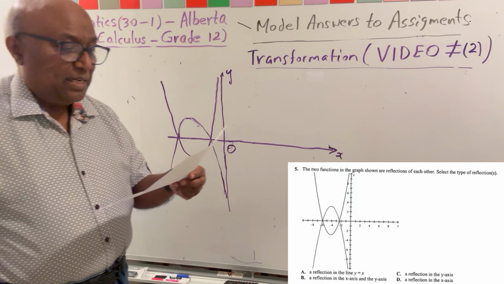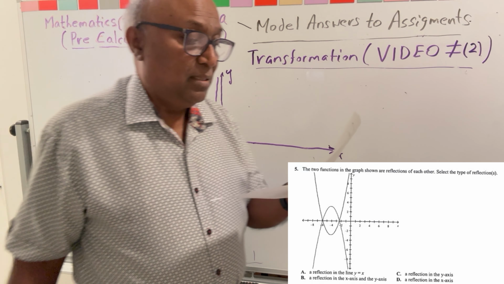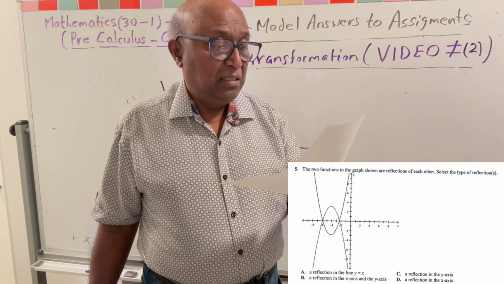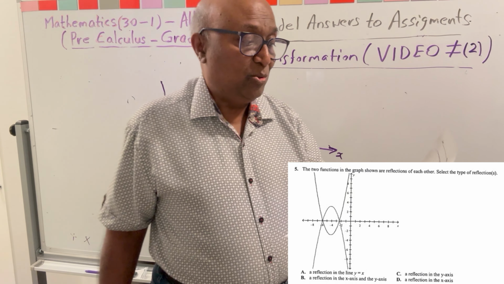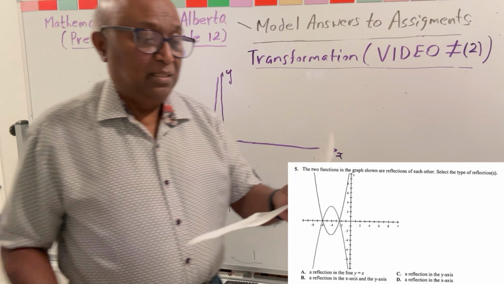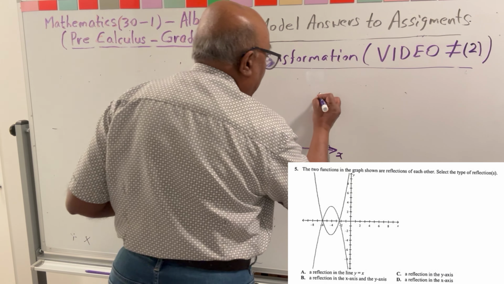That means the correct answer is a reflection in the x-axis. The other answers do not match. They talk about some other wording, and reflection about y equal x, we don't know about that. The correct answer is reflection about the x-axis. That means the answer is B.